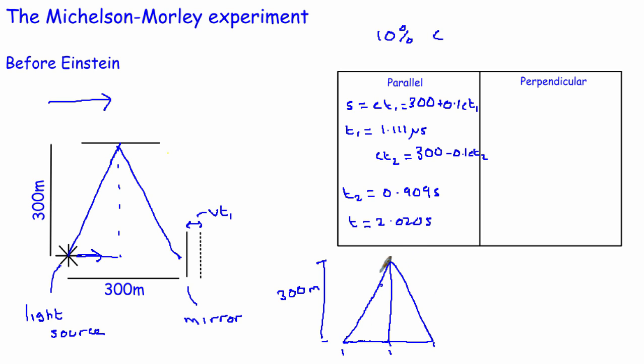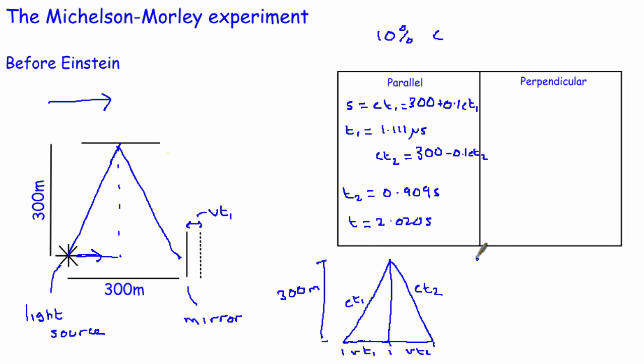If we think about it, this is just a triangle. So the distance from here to here is just c times t. The distance here is 300 meters, and the distance here is the velocity of our detector multiplied by the time. Again, we'll call them t1 and t2 on this side. So that distance there is ct2, just in case they're different. And this is the velocity of the detector multiplied by t2. So we'll think about just this one here.